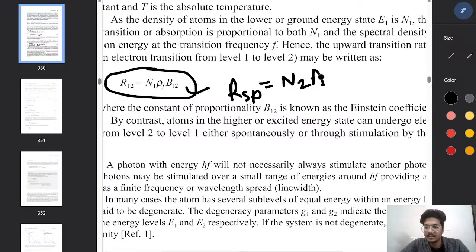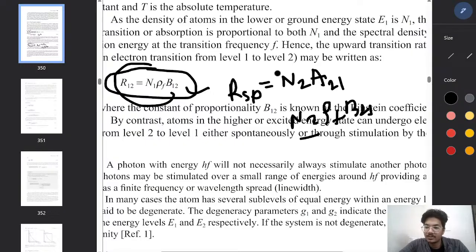For stimulated emission, it is N2 rho f B21. So this one is the absorption rate, this one is the stimulated rate, and this is the spontaneous rate.